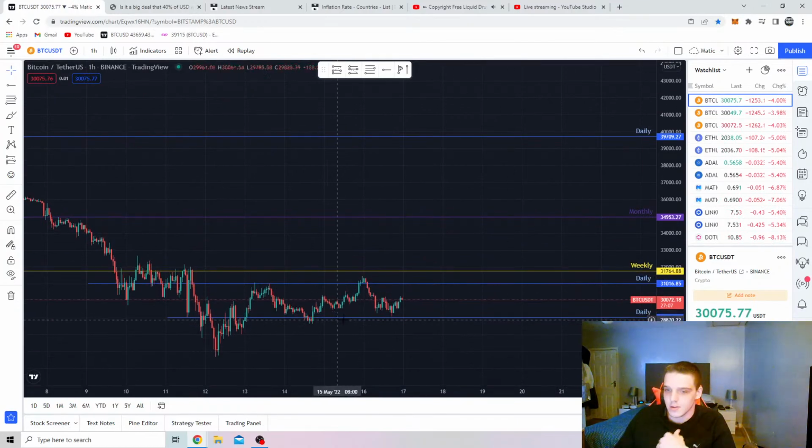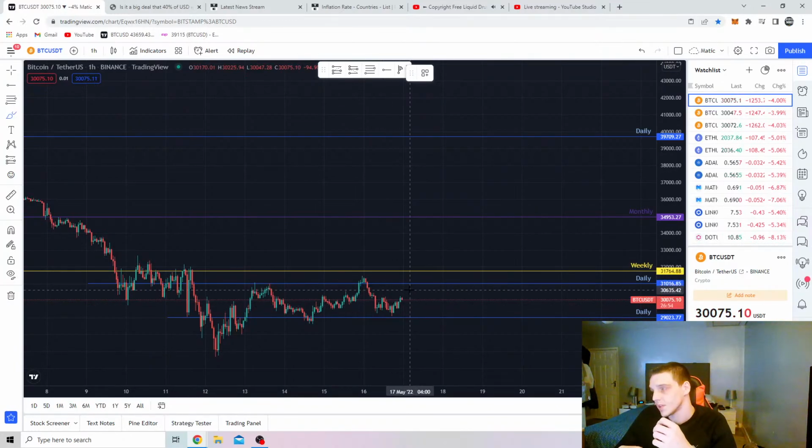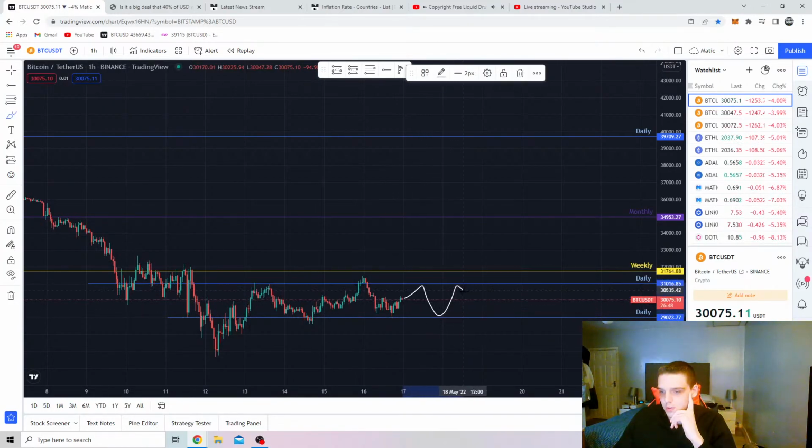I'm waiting for us to break this range and then backtest this level of the weekly, and then that's when I'll be looking to get in, at least until the next bull run, wherever that may be. But for me, at least, I'll be waiting for this range to break. So boom, boom. Let's say we do something like that until the end of the month.